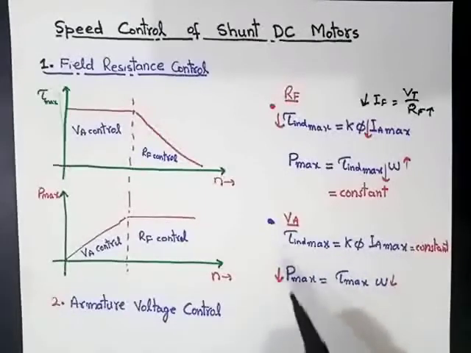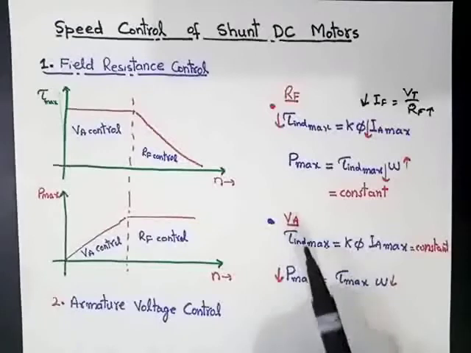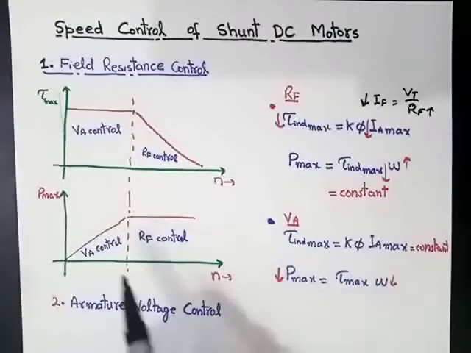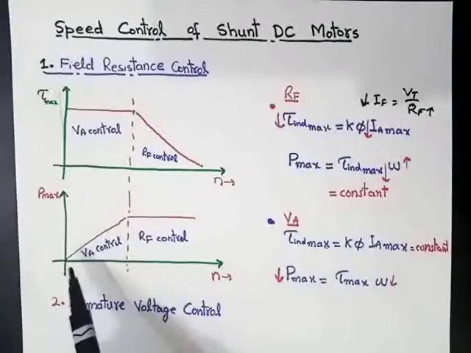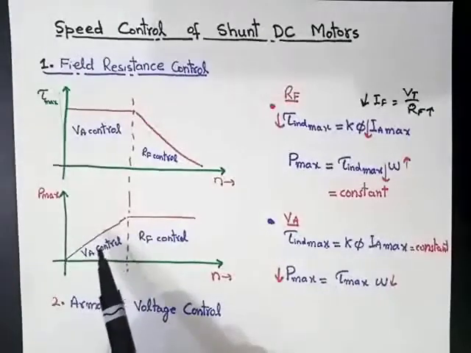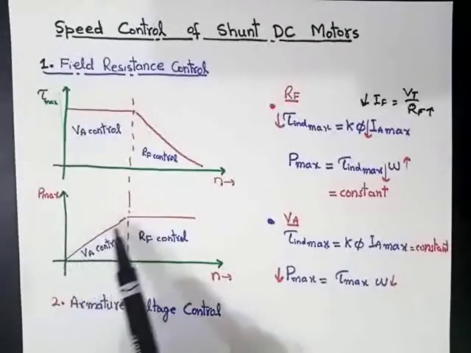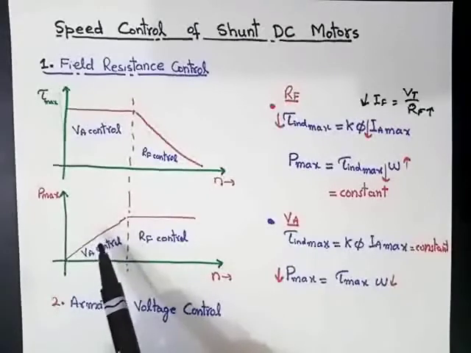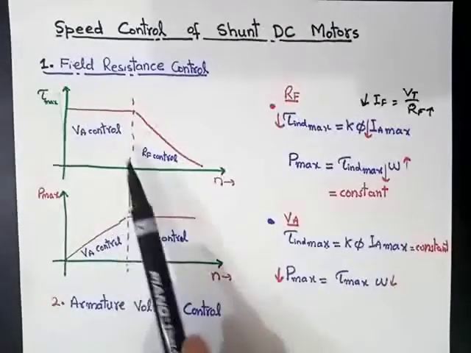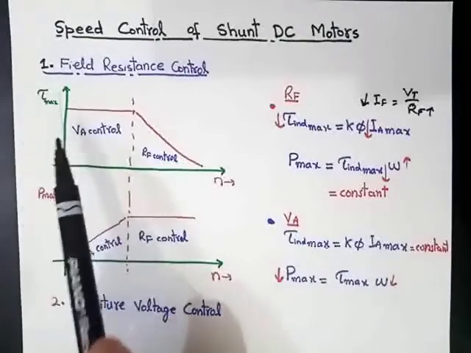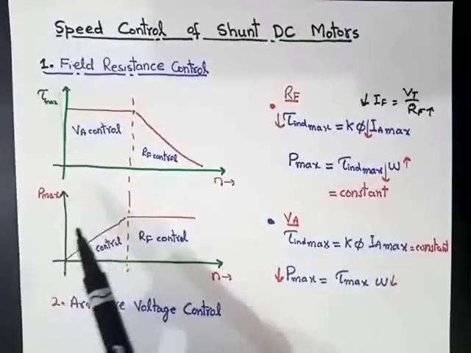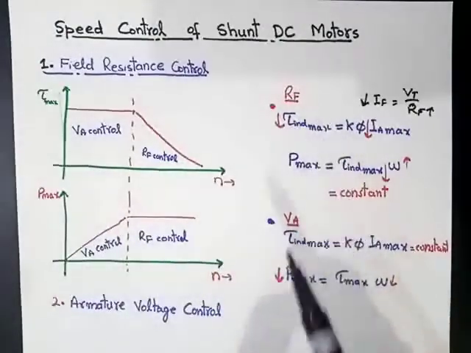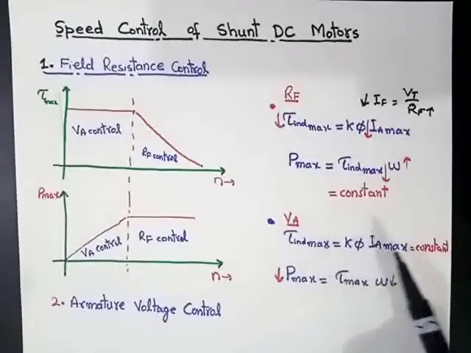That's why the maximum power in case of the armature voltage control method will decrease. So the graph of maximum power due to armature voltage control will be like this, as you can see in this graph. So these are the graphs of maximum induced torque and maximum power due to the field control method and the armature voltage control method.